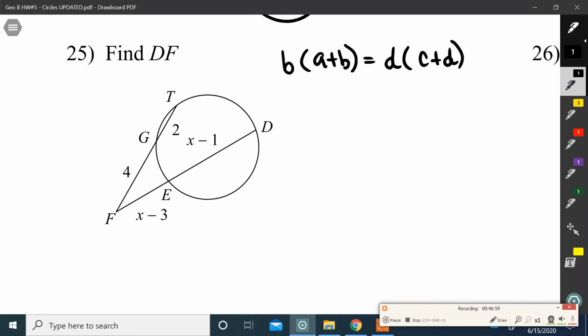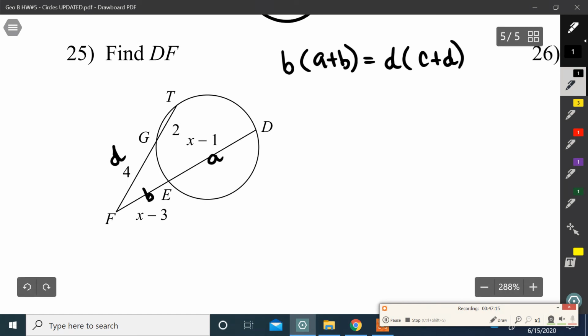Okay, so let's figure out what A and B are. If I look at the formula sheet, the A is always inside, and then this will be the B, and then we have our D, and then we have our C. Let's plug all that into the formula and try to get this right.